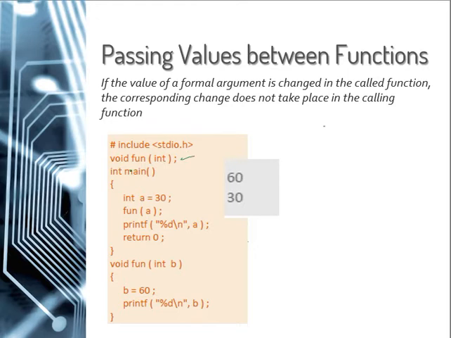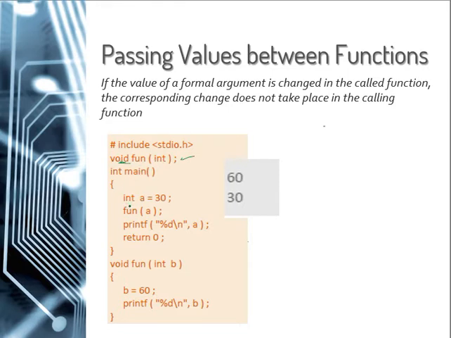We have a function fun which is void, so it doesn't return anything, and it will receive an integer variable. Even though the function is void, it can still receive a value. It doesn't mean that being void, it can't receive anything. That is allowed.